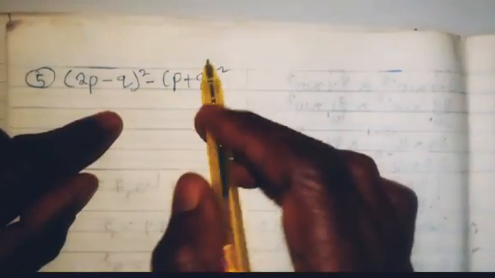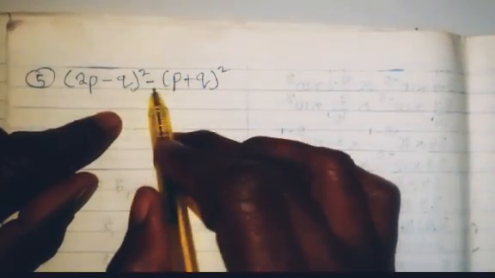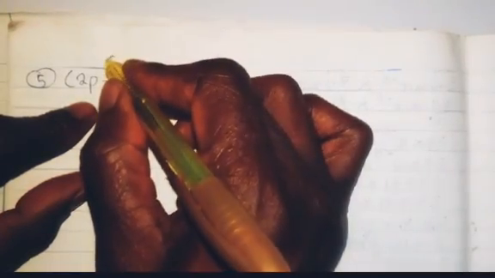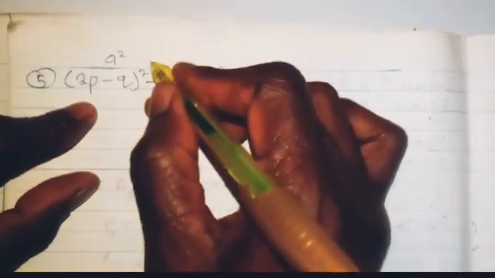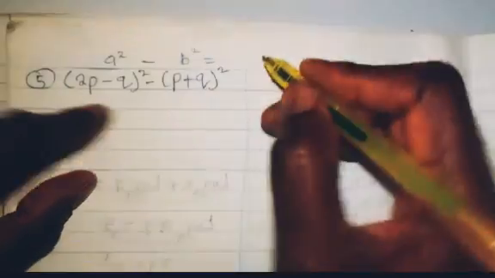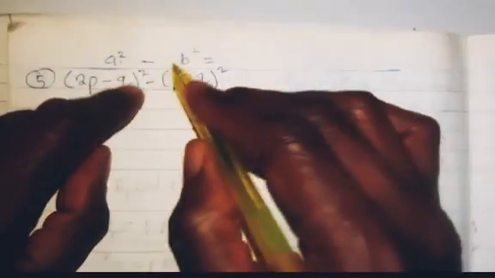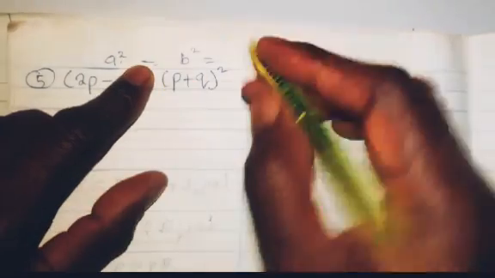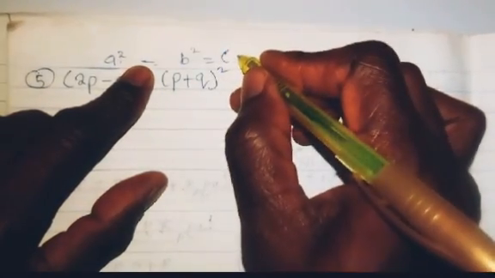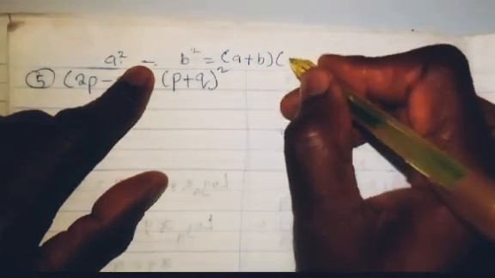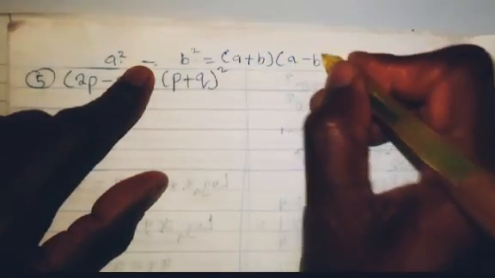First thing I want to bring to your knowledge is that what we're having here is a case of difference of two squares. That is a situation where we have a² − b². And if we're having two squares that are subtracted, we can write the solution as (a + b) multiplied by (a − b).